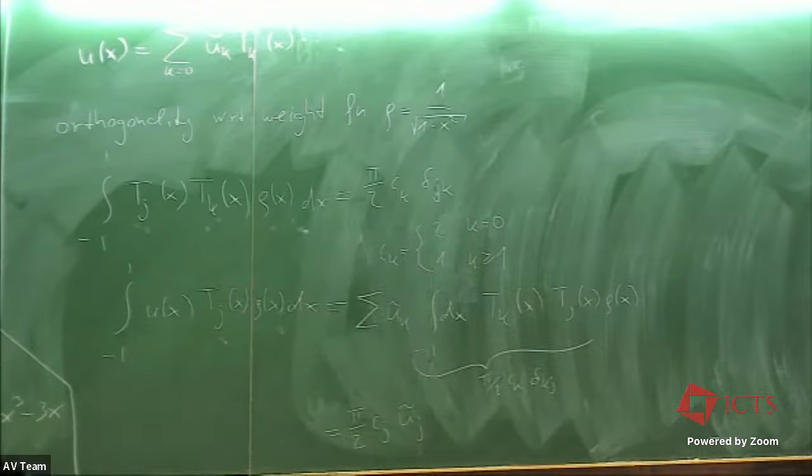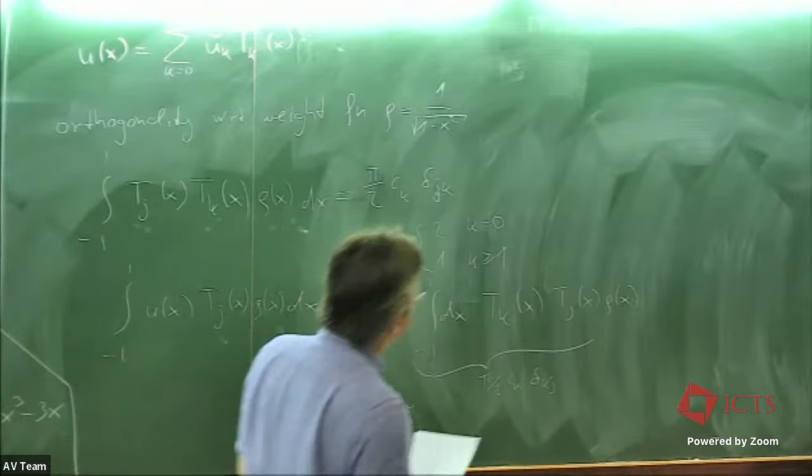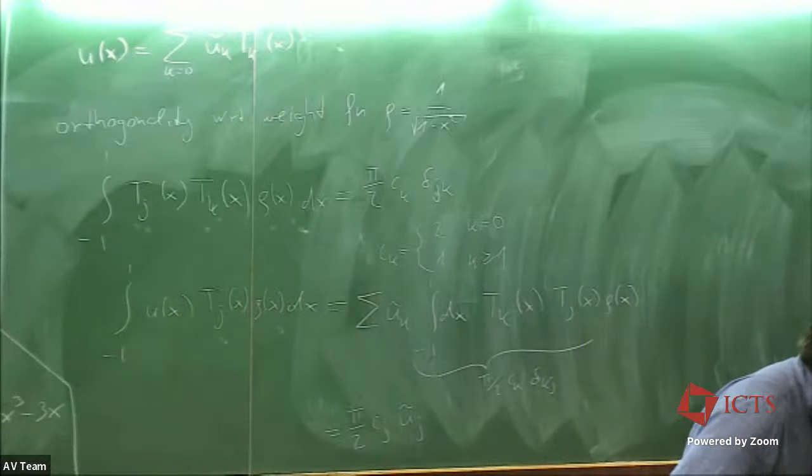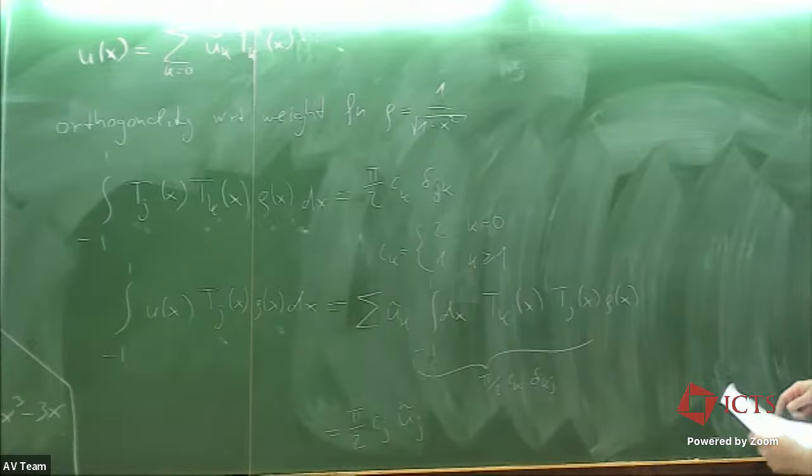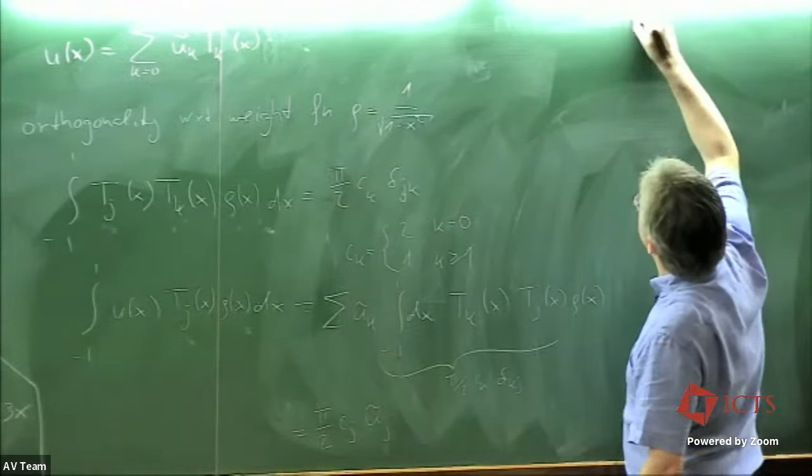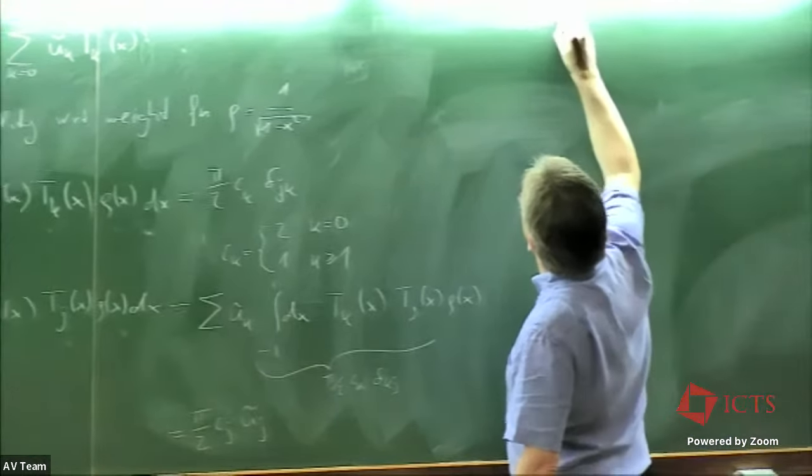And that way we can get at the u_j's. This is the continuous version of getting to the coefficients. But now we are playing again our Gauss quadrature grid with some associated grid points.